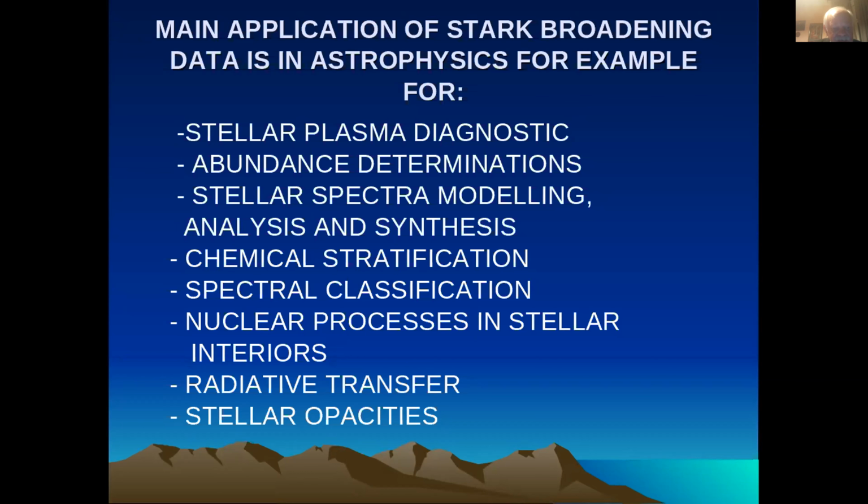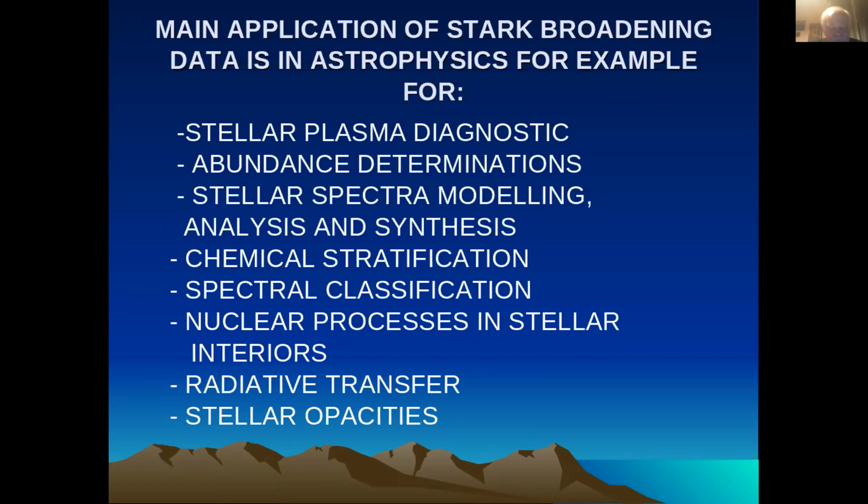determination of subclasses, because when temperature of a star increases, some lines appear and disappear, and looking at the spectrum, you can very easily determine the spectral type of a star.